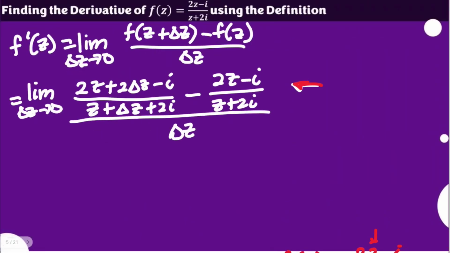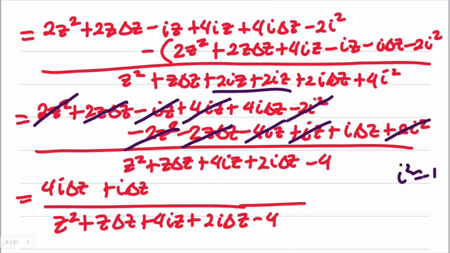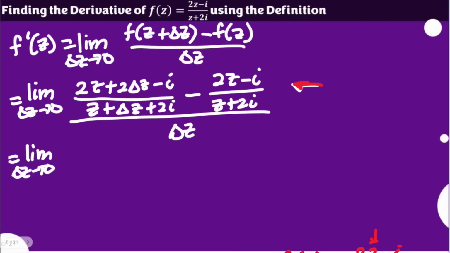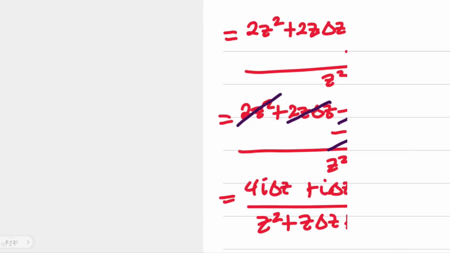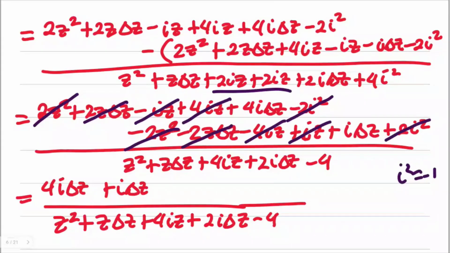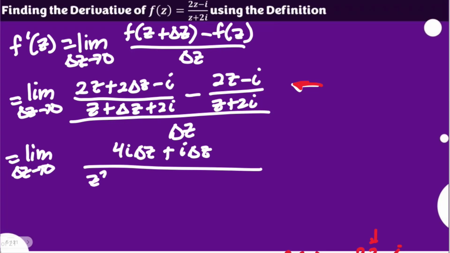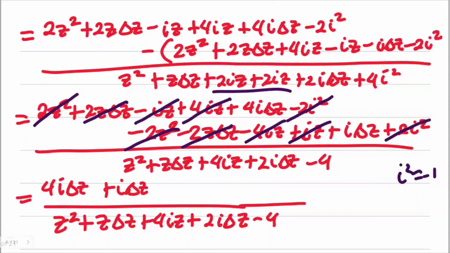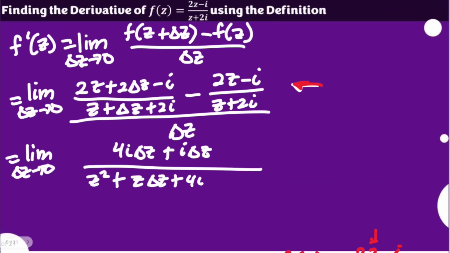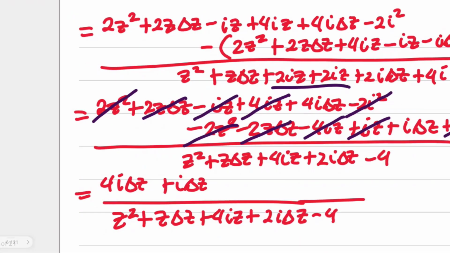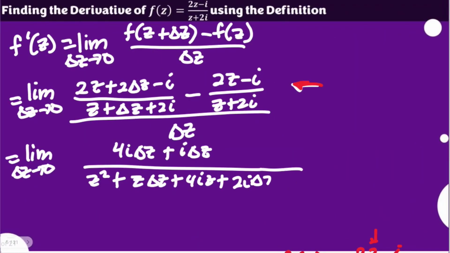So we're going to return here the limit again as delta z approaches 0. You will have here your entire numerator, which is 4i delta z plus i delta z, all over z squared plus z delta z, then plus 4iz, plus 2i delta z, and minus 4.